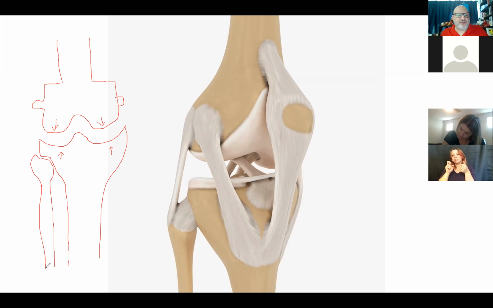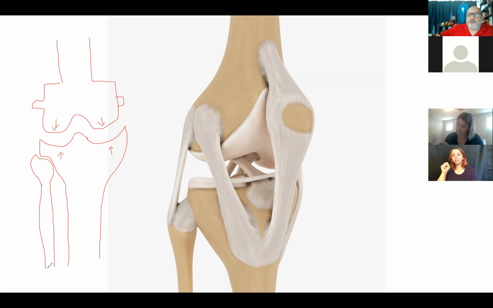So it's not actually a part of the knee, right? It's not a part of the knee joint. The fibula gives more strength, more structure, more weight bearing in its anatomy. So knee joint: medial and lateral condyles of the tibia with the medial and lateral condyles of the femur, end of story.